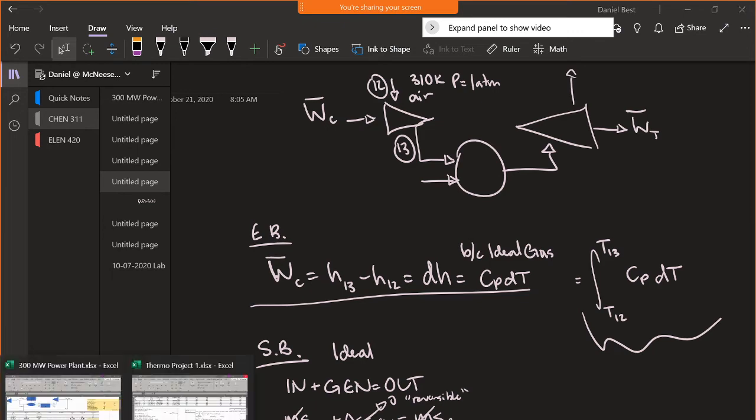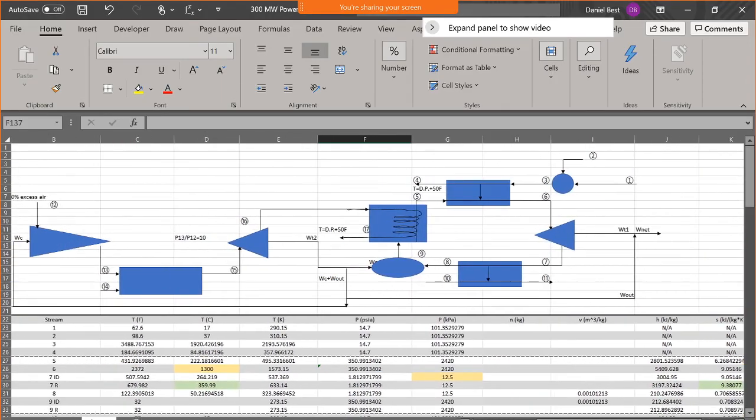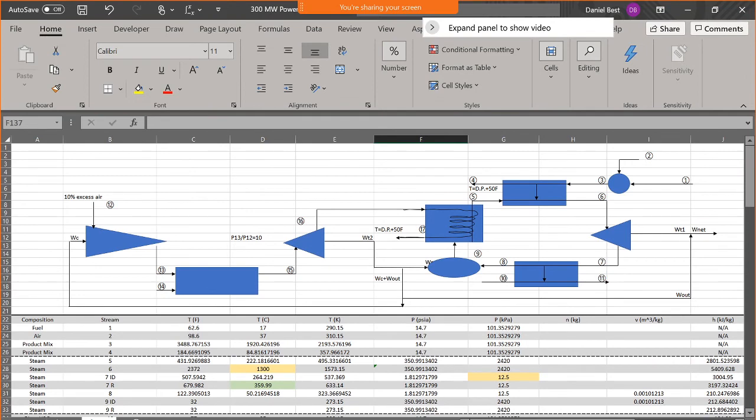Let me get my thing out real quick. Can y'all see my mouse? Or is it glitchy? Okay, cool. So inside the heat exchanger, or the combustion chamber right here, it's from T13 and T14 to T15.